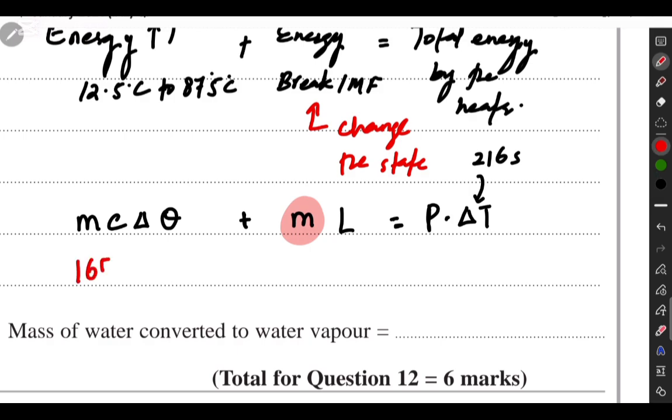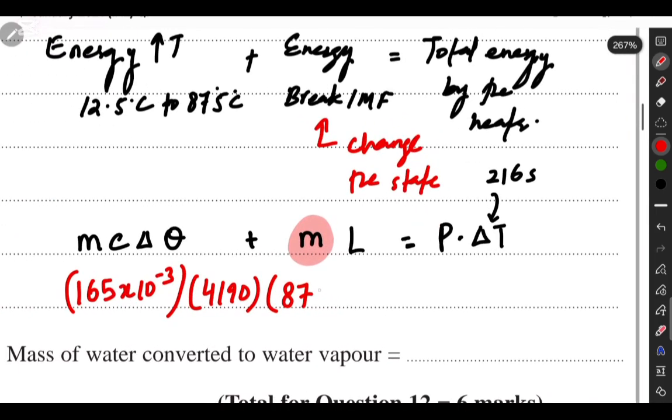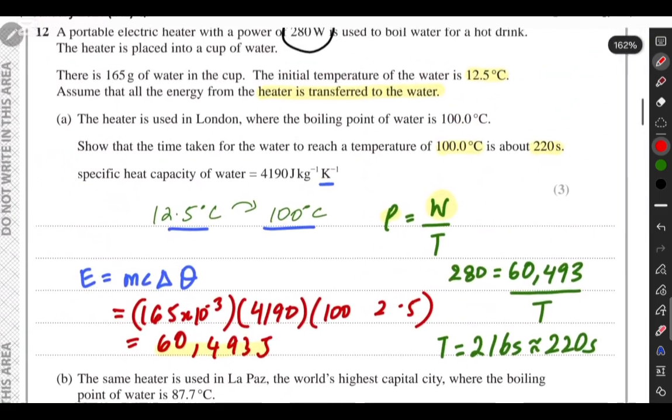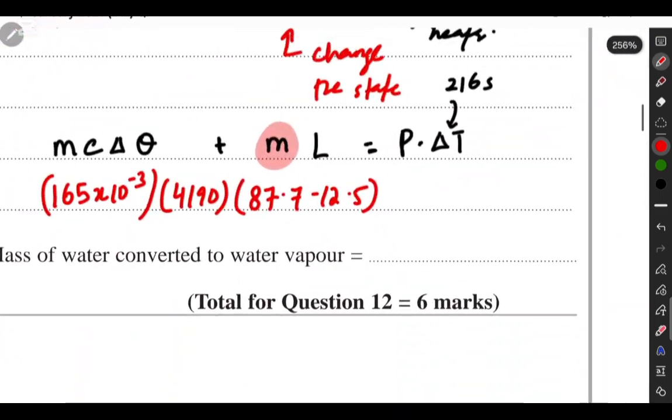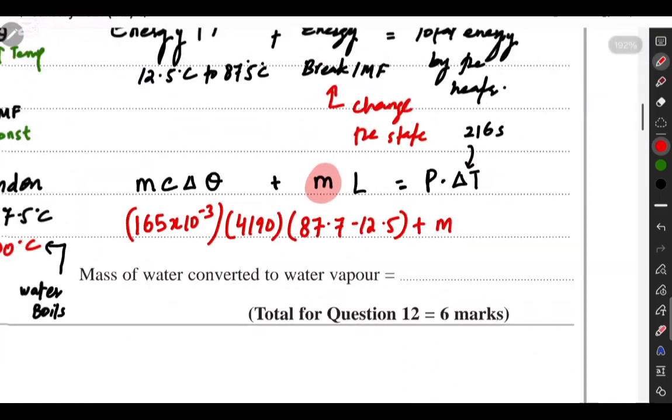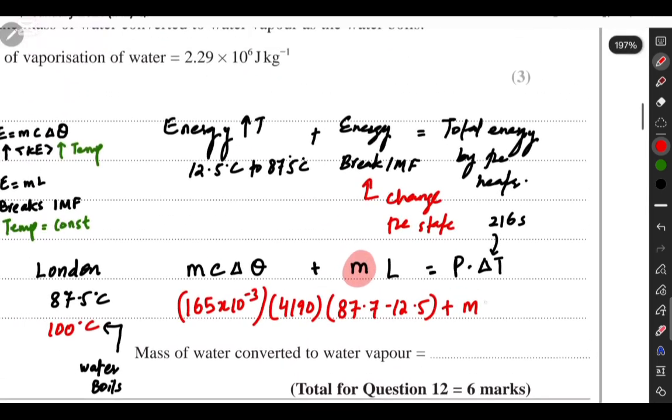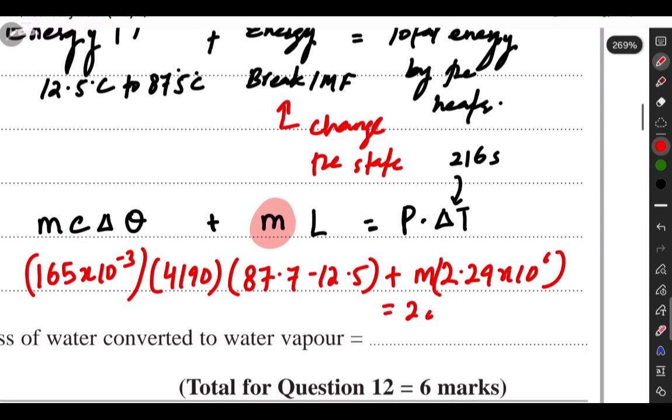So I can use 165 times 10 to the power of minus 3, times 4190, times 87.7 minus 12.5, plus m times L, where L is 2.29 times 10 to the power of 6, is equal to power 280 times 216.